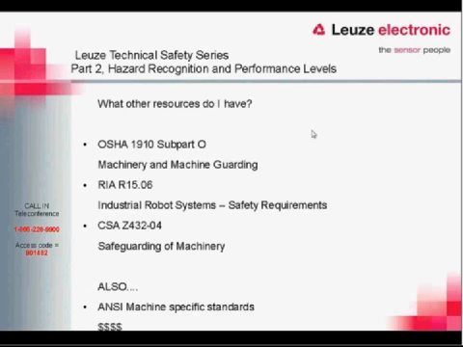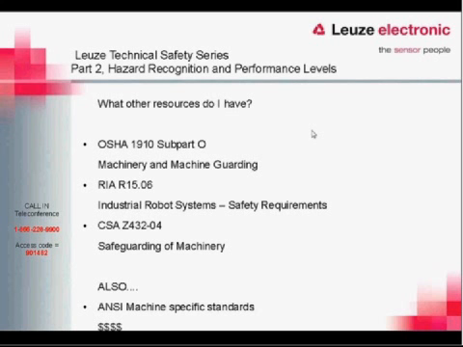So once we've seen these hazards and we know what they are, what are some of the other resources we have to figure out how we can effectively guard these? And some of the generic ones we have are OSHA 1910 Subpart O, which is the machinery and machine guarding standard. It's pretty vague. There are some specific things in there, but they're kind of to niche type of manufacturing environments like woodworking or printing and stuff like that.